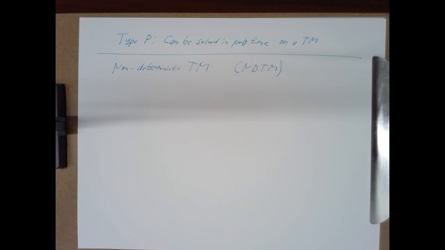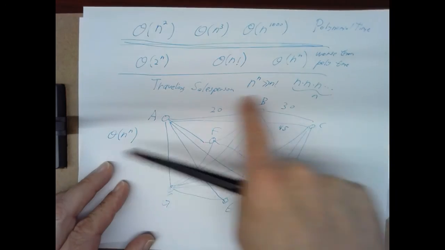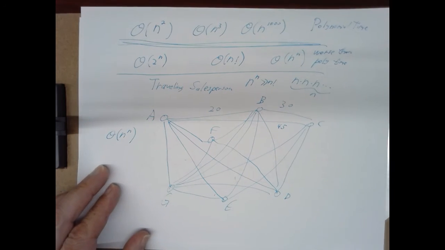What does this do for the efficiency of algorithms? It lets us solve a lot of problems more efficiently. For example, consider traveling salesperson again, and let's phrase this as a yes-no question: is there a path shorter than 300 that gets me from A to all my cities and back to A?